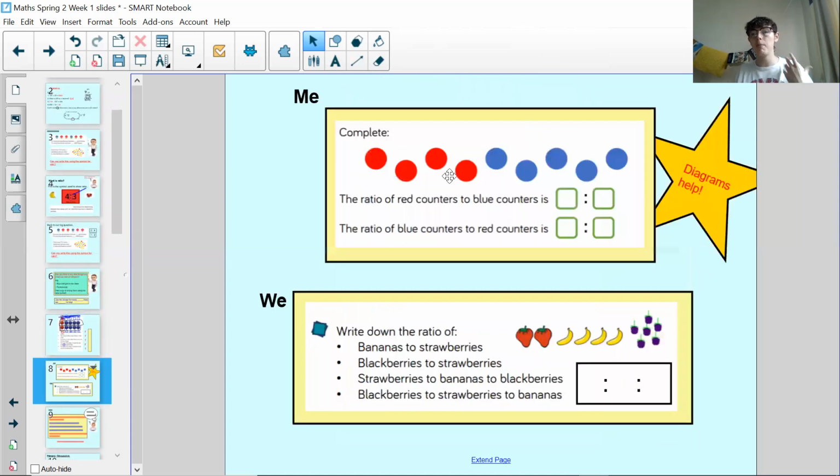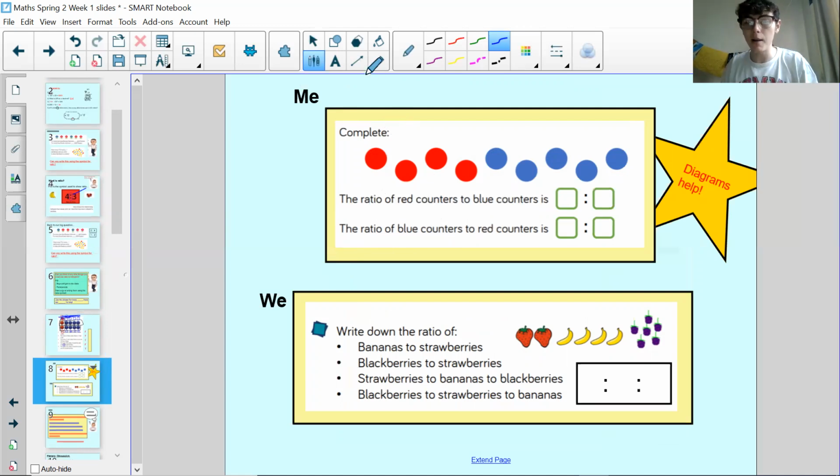So, our first question is complete the ratio of red counters to blue counters and the ratio of blue counters to red counters, okay? So this is a fairly simple one to start off with. We just need to count up our counters.